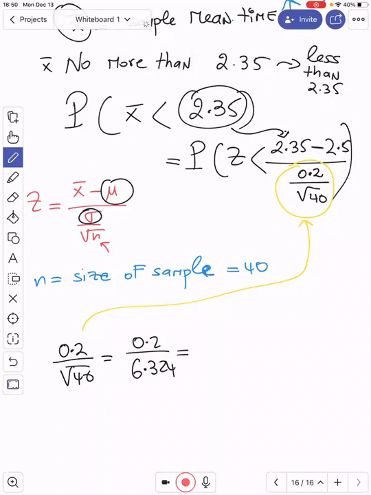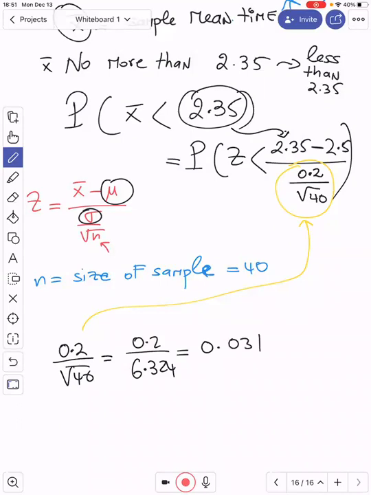Then you divide 0.2 by 6.324, and the answer would be about 0.031.